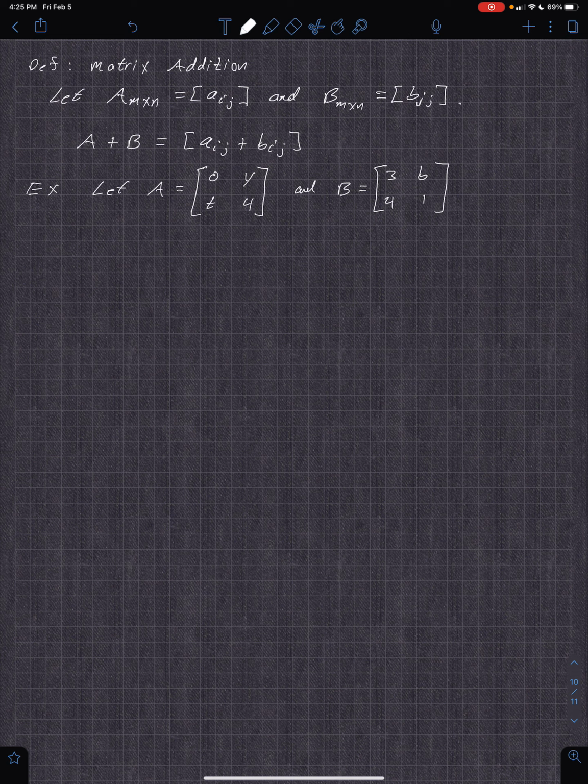Then if you add those up, and you were assuming that t and y and b all represent numbers, you have A plus B is equal to 3, y plus b, t plus 4, and 5.